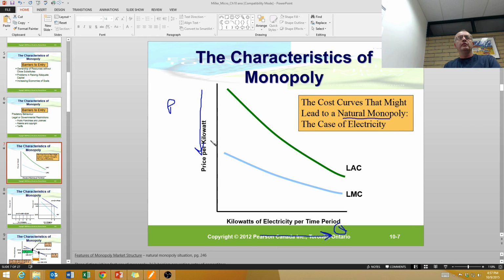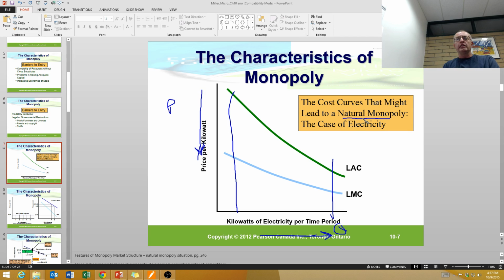So a monopolist operating in this section of its long-run average cost curve can scare away competition just by cranking up output and lowering their price. So it scares potential competitors away.